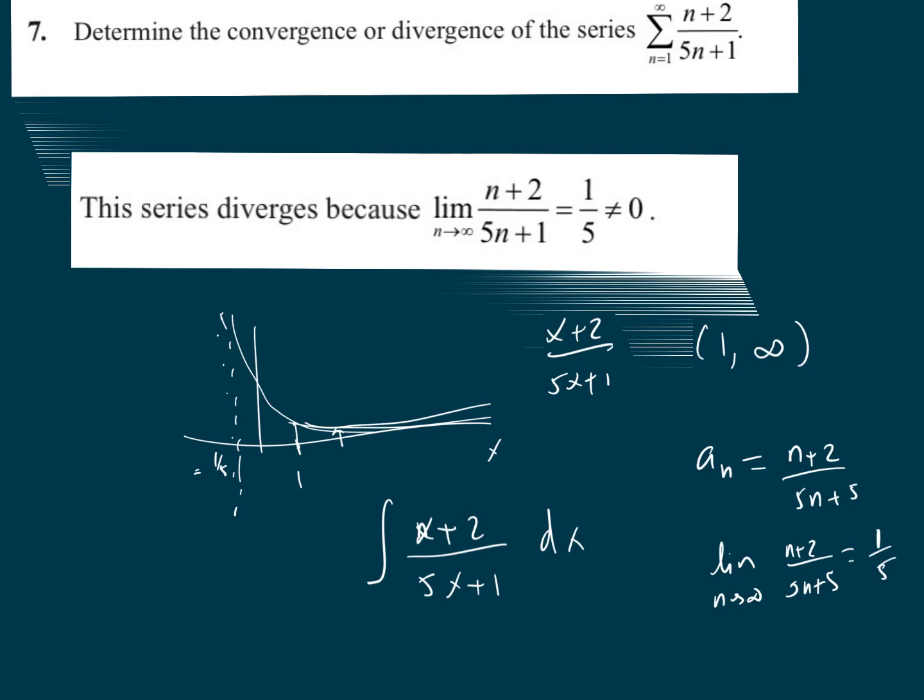You can do this limit by dividing the numerator and the denominator by n. The limit of the a sub n term doesn't go to 0. So by the divergence test, this series will not converge.